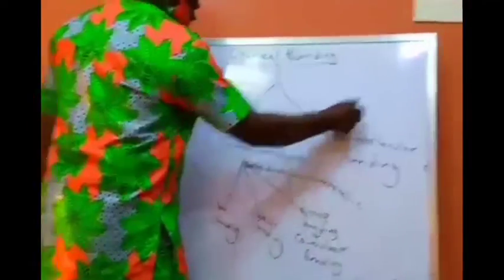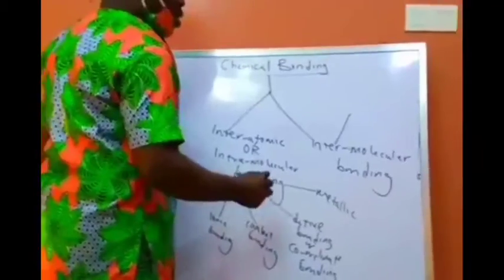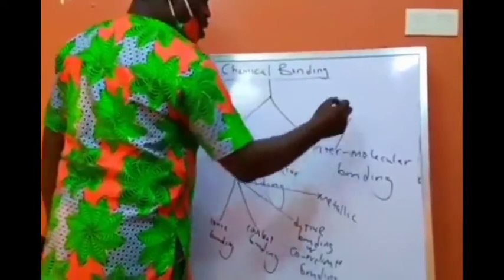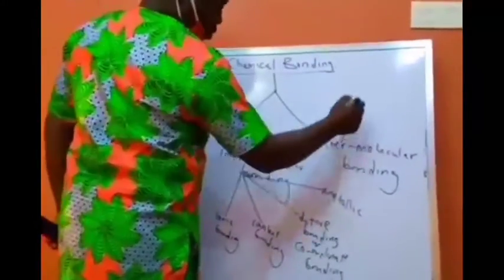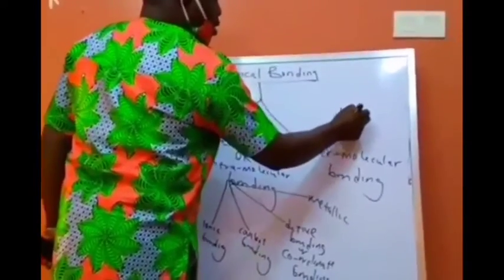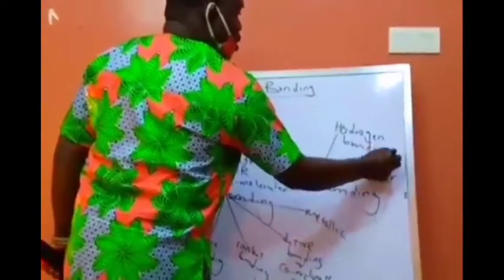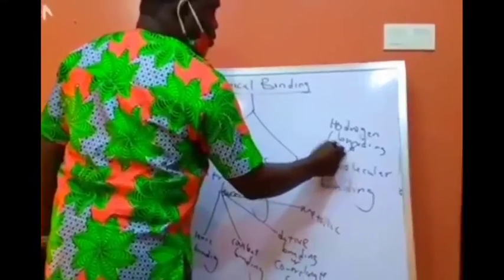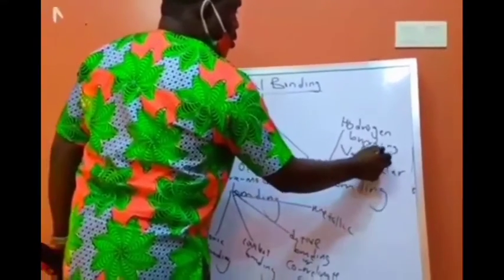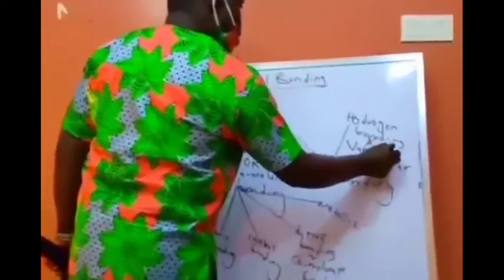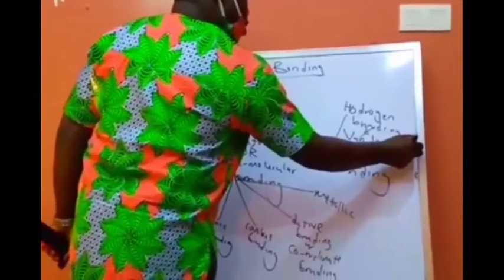And here under our intermolecular bonding, we have what we call the hydrogen bonding and van der Waals forces.